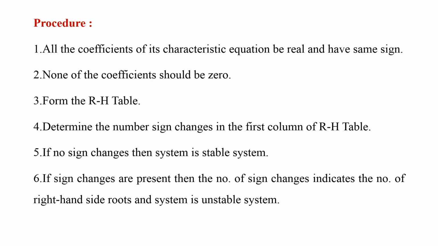Coming to the procedure for finding the stability of a system by using the RH table. This procedure is very simple. It has a set of points. In the first point, we identify whether all the coefficients in the characteristic equation have the same sign or not.